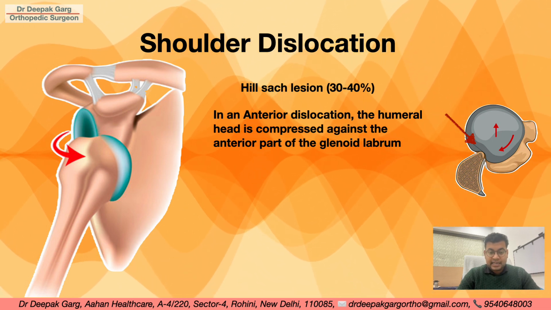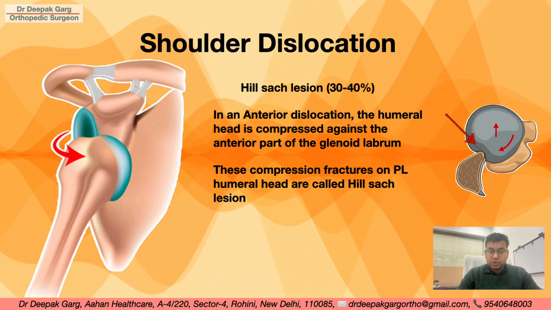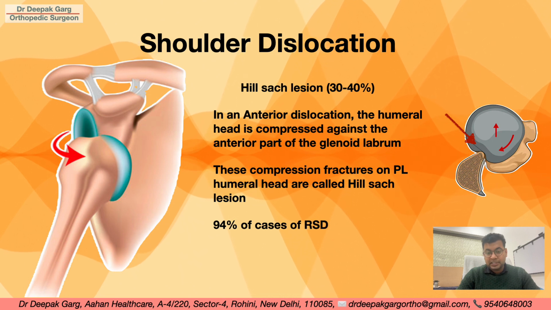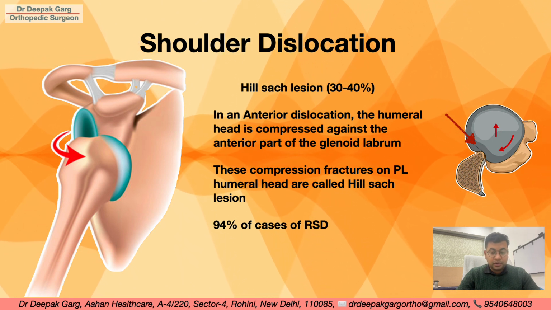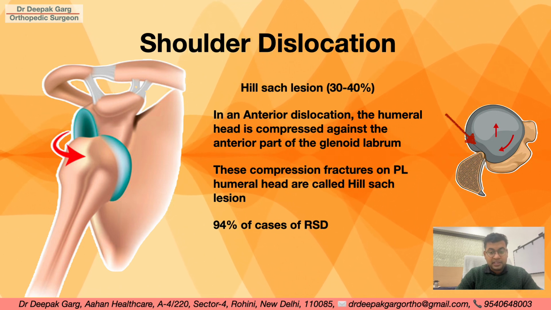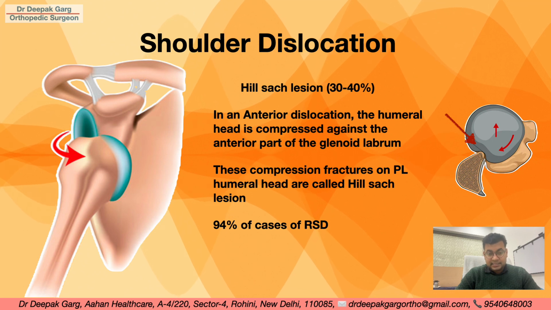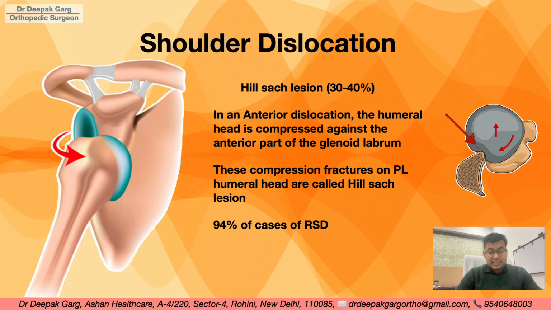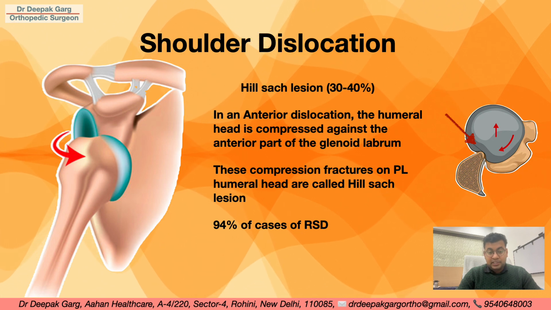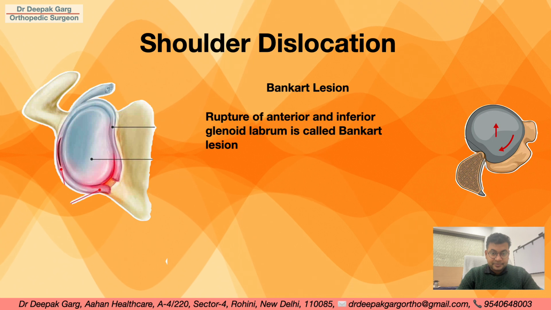These compression fractures on the posterolateral humeral head are seen in 94% of cases with recurrent shoulder dislocation. So if a patient has a recurrent shoulder dislocation, almost always he will have a Hill-Sachs lesion, no matter what the size is. But in acute shoulder dislocations, approximately 30 to 40% of patients will have a Hill-Sachs lesion.